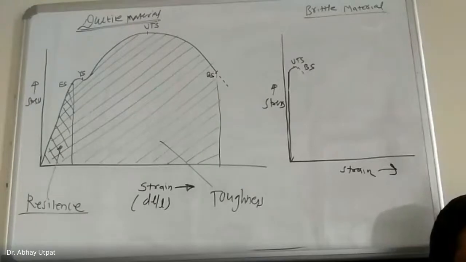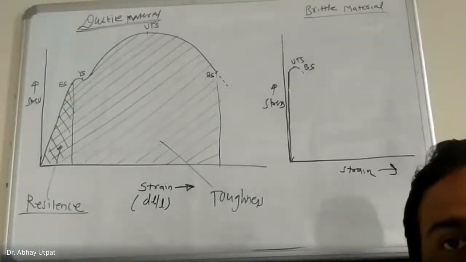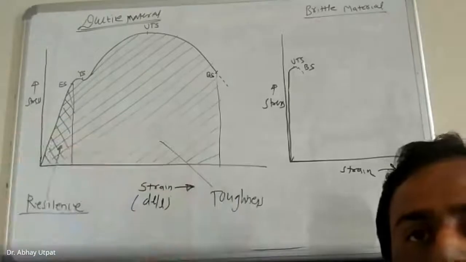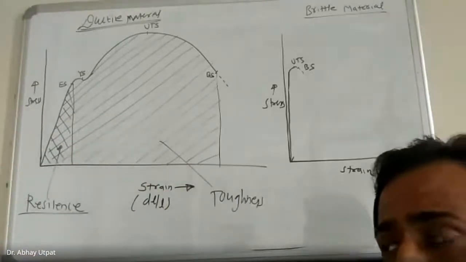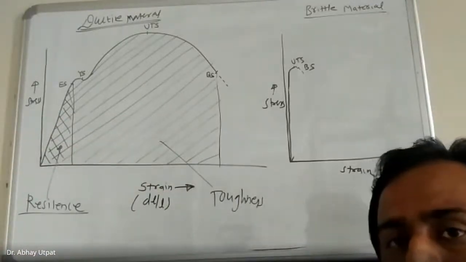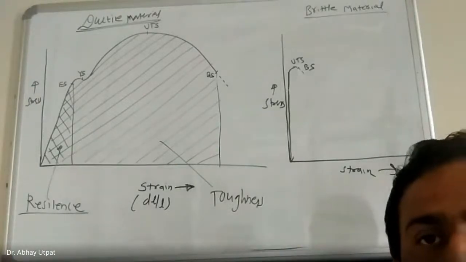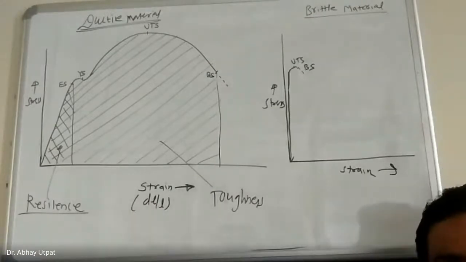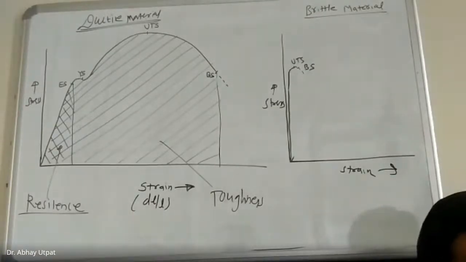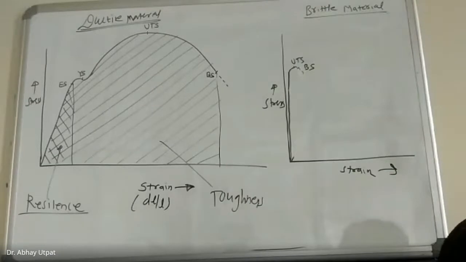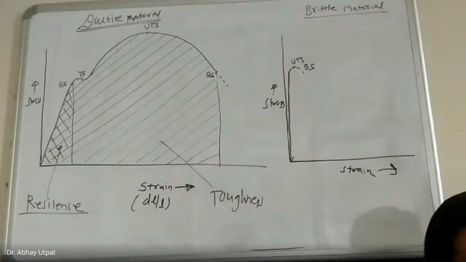Now write the property toughness. Toughness, right? It is area under stress strain curve.